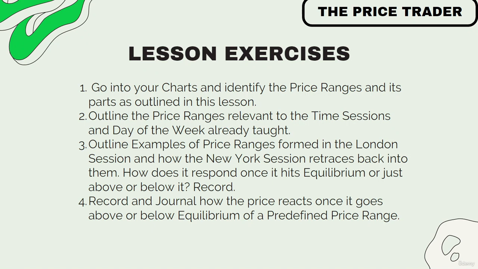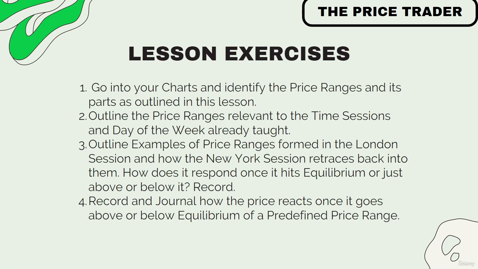Also, you want to outline the price range relevant to the time sessions and the day of the week already taught. So for example, you can go into the London session and outline the price range formed during London, and then you might find that New York revisits the equilibrium of London's range. And you can also look at the New York range.